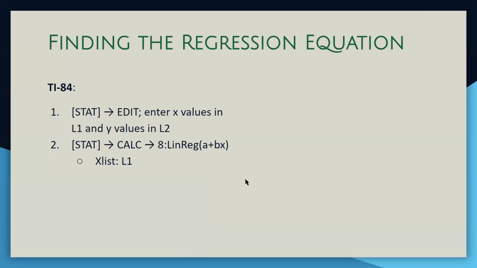For the prompts, X list should be L1, Y list should be L2, the frequency list should be blank. And if you are interested in creating a scatter plot on your calculator and you want to see that line plotted, you want to pull up Y1 for that store regression equation. If you're not going to do graphing on your calculator, then you can leave this store regression equation prompt blank.